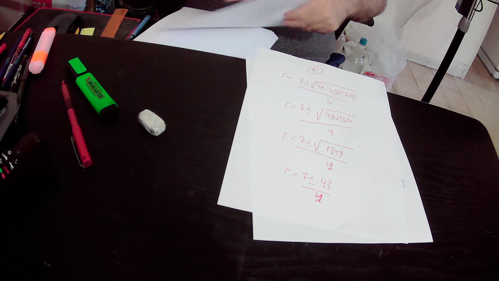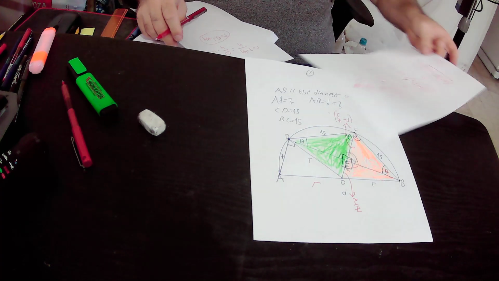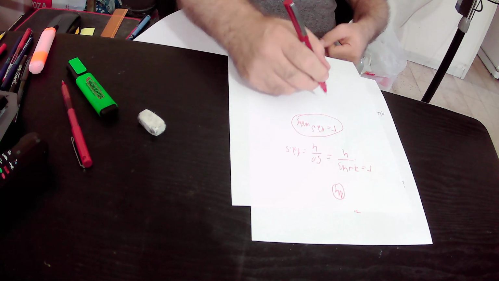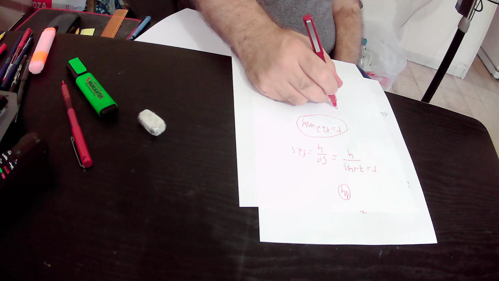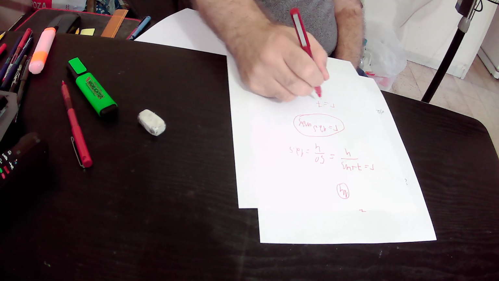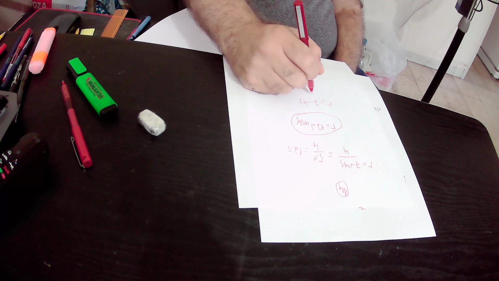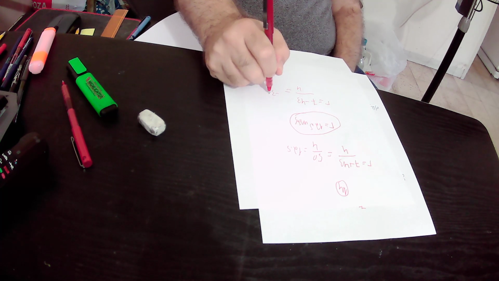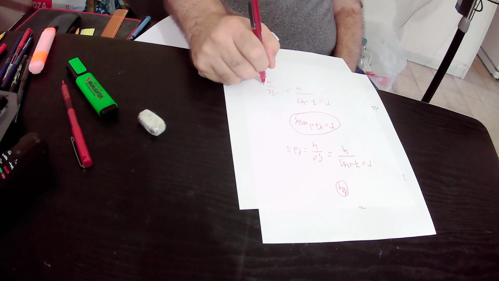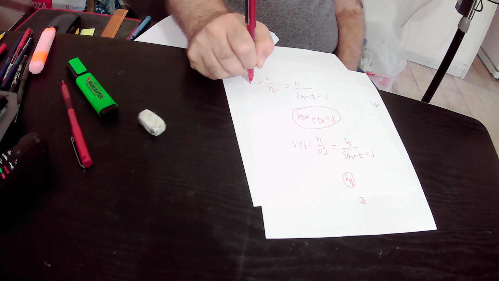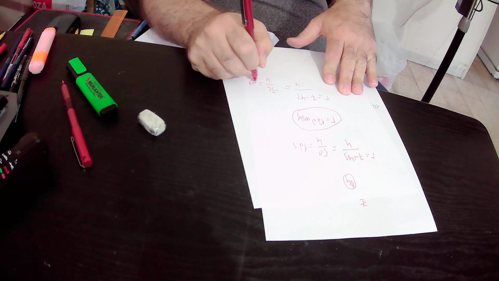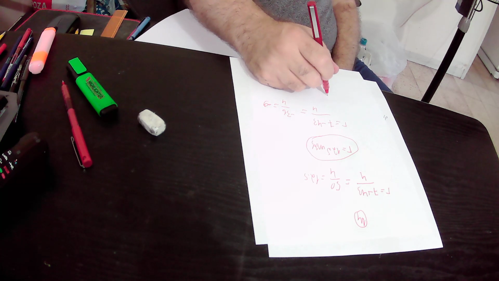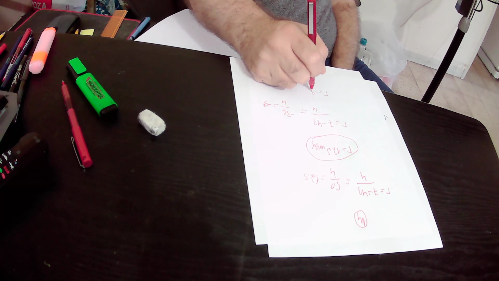But we should not forget the second solution to the quadratic equation. The second solution is that r equals 7 minus 43 over 4. 7 minus 43 is minus 36 over 4. Minus 36 over 4 is minus 9. So we got that the radius equals -9.